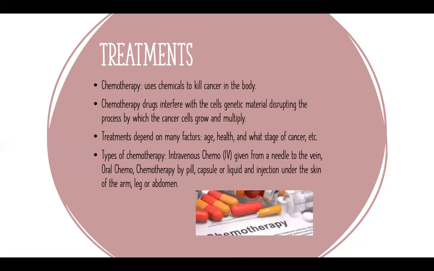But mostly your treatment when it comes to chemo just depends on many factors. For instance, the type of cancer that you have and what stage the cancer is in. A lot of cancers do have stages where they will progress more rapidly and intense, whereas myeloid cancer or myeloid leukemia doesn't really have stages.